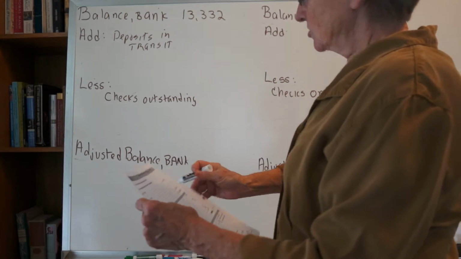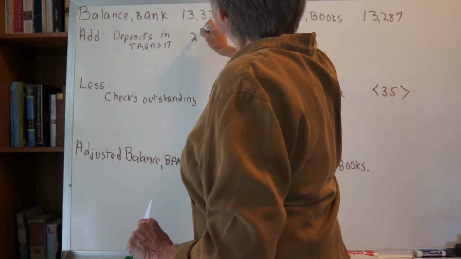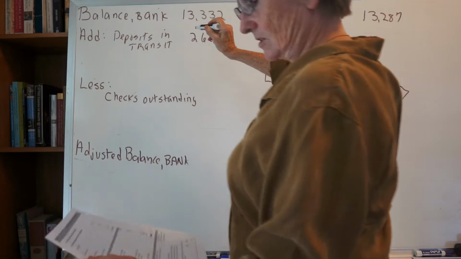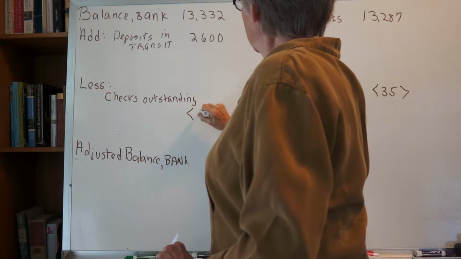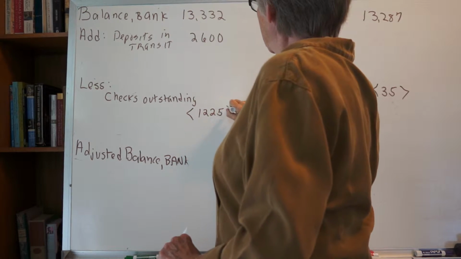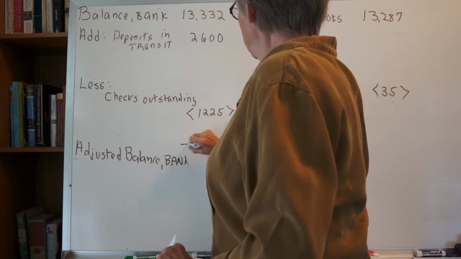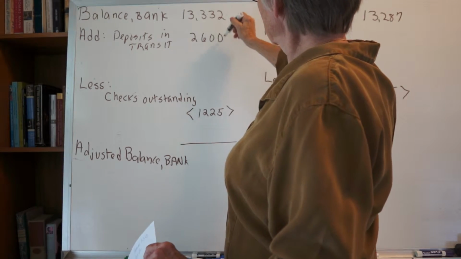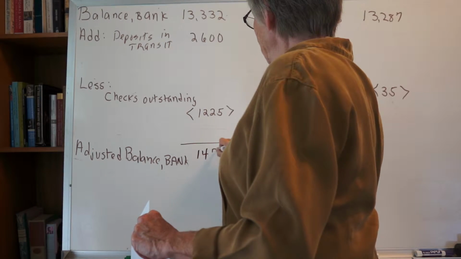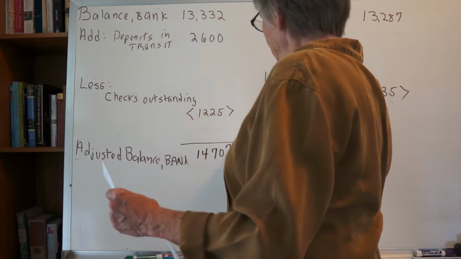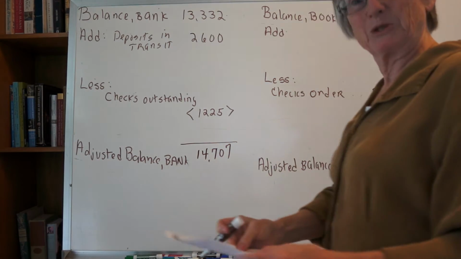So our deposits in transit, we're going to add $2,600. The checks outstanding, we deduct the $1,225. And when we add and subtract, plus this, minus that, we get an adjusted balance of $14,707. And if there's no errors, that might be good.